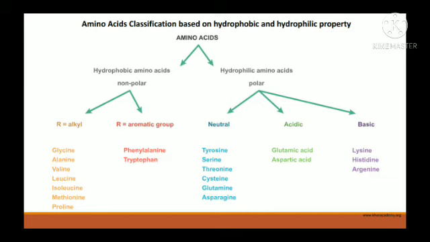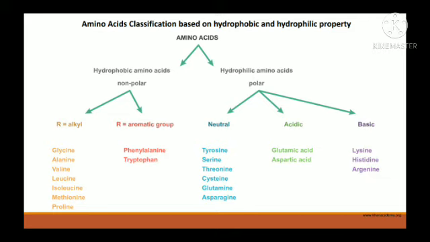The polar ones are said to be hydrophilic because polar compounds are soluble in water, and the hydrophobic compounds are non-polar because they are not soluble in water. Hydro means water, philic means loving, so they are water-loving molecules, and hydrophobic are water repelling. Phobia means fear, so they are water-repelling molecules.